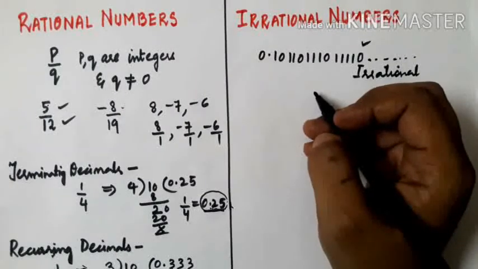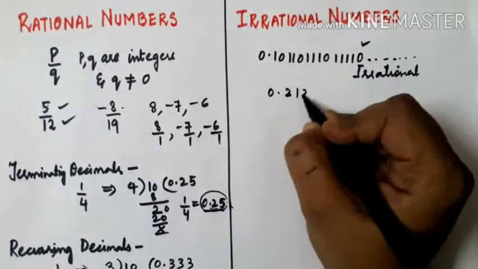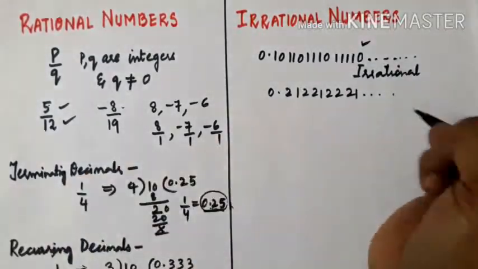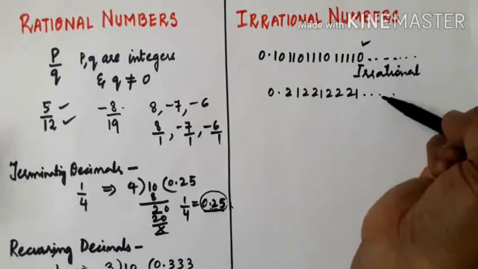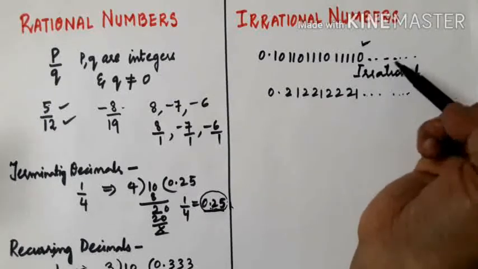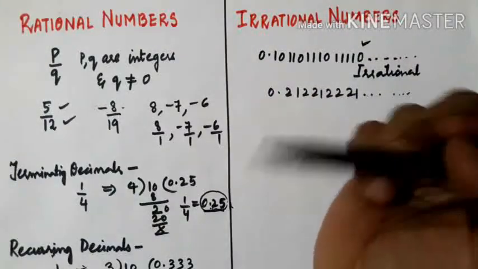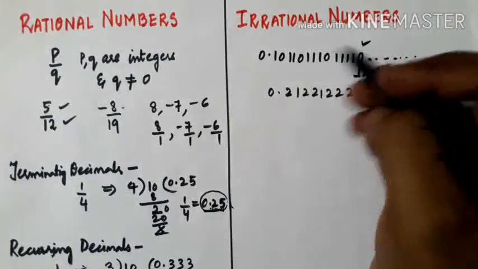In the same way you have many examples. Suppose I have 0.21221222 1 and so on. This is also an irrational number because it doesn't end, and it doesn't repeat any pattern. Repeating decimals are ones where one digit or two digits repeat with some pattern.